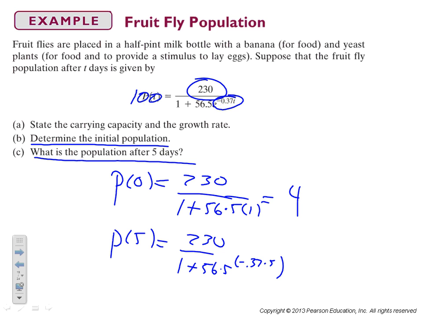Again, you've got 2 not very user-friendly looking formulas, but you don't have to memorize them. I'll always give them to you. You have to be able to use them. Oh, one question I should have asked. What's the growth rate? 37%. It won't be a negative number.